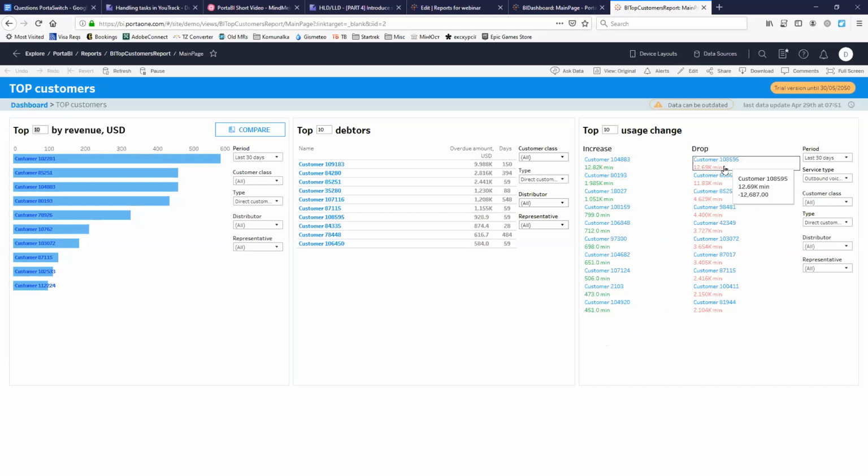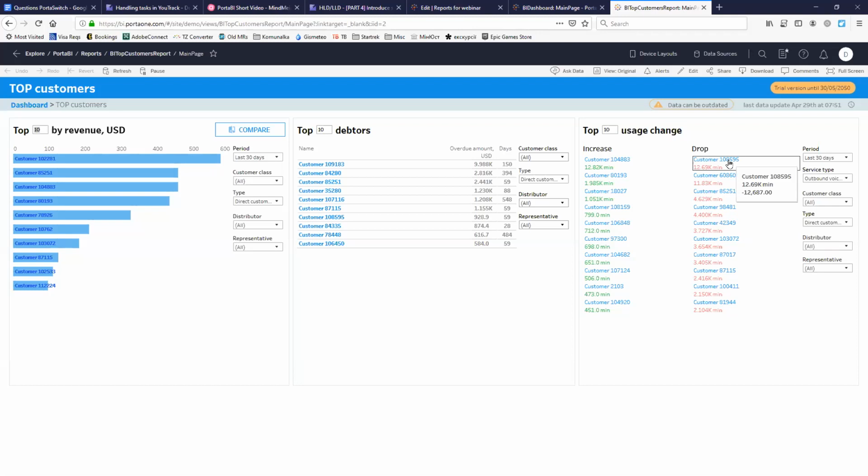So if we see that, for example, this customer with a long number in the name is an important customer and they used to have very high usage, so we know that customer is one of our biggest sources of revenue, and now it's the top one in the usage drop, probably it's time for our account manager or whoever is responsible for customer satisfaction to reach out to the customer and find out what's going on.